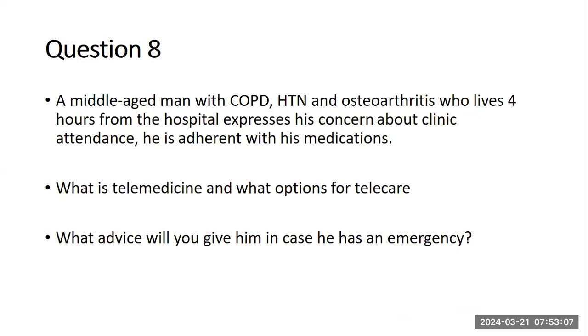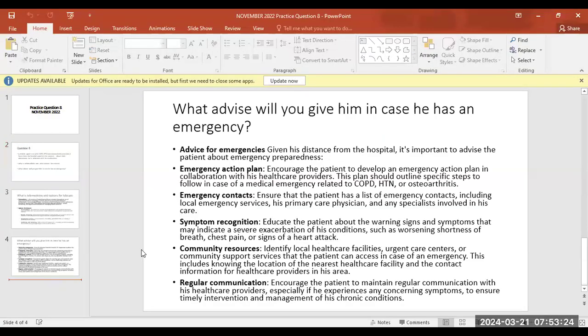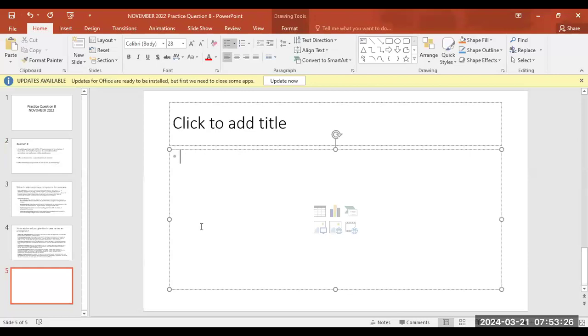Yes, sir. So the only thing I wanted to adjust is the types of telemedicine. Telemedicine can be classified into synchronous or asynchronous. Synchronous means that it's happening in real time. Asynchronous means that it's recorded or kept somewhere prior to the doctor seeing it.